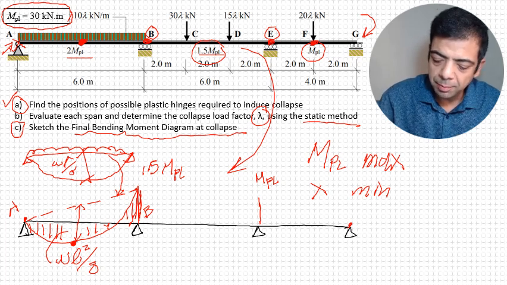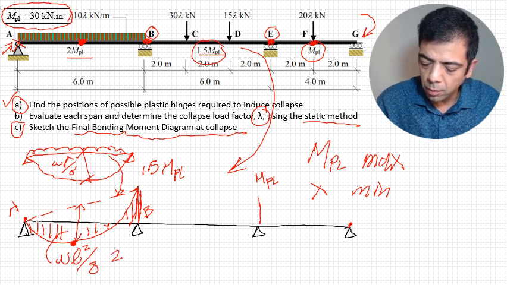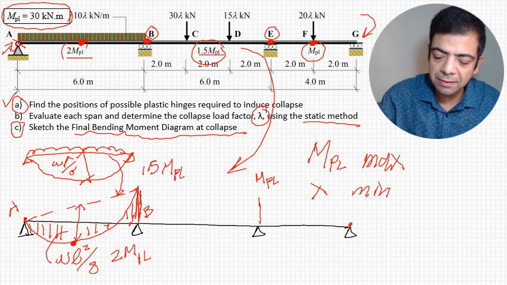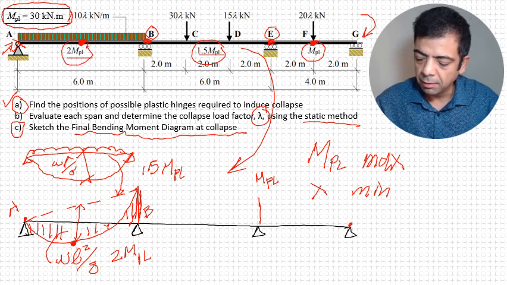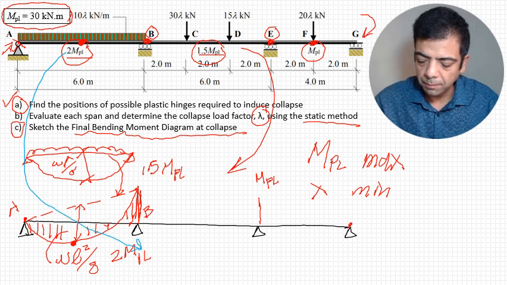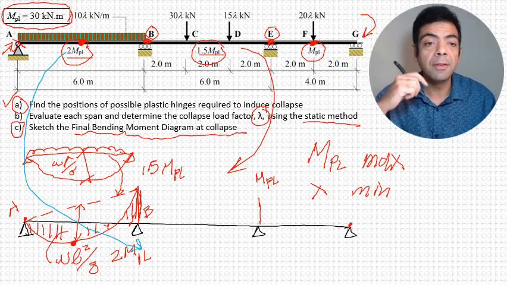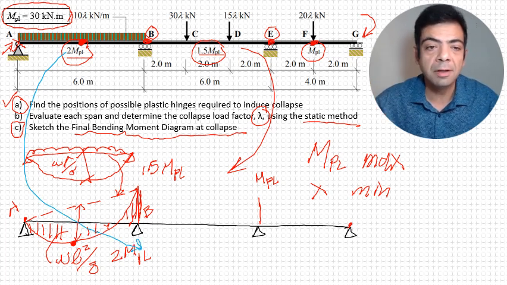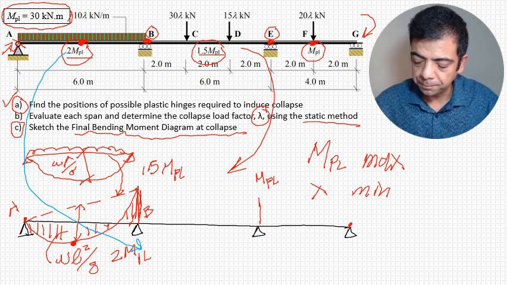Yes, it will be 2 M plastic. Why is that? Because this is the capacity of the beam. This is the capacity of the beam. I got this from the given load.